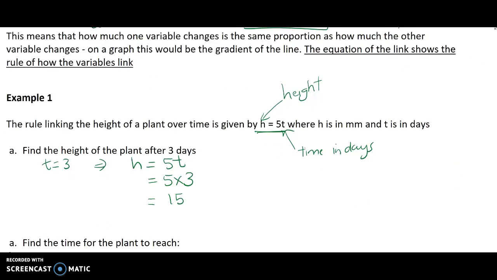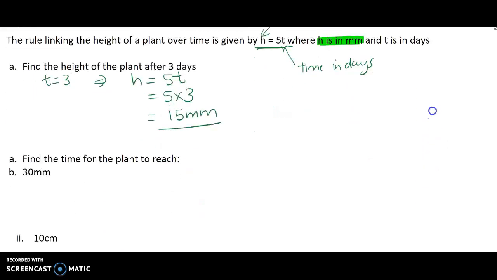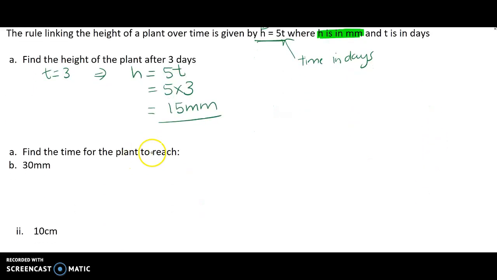Now we need to remember, it does say height is in millimeters, so we need to write down the unit as millimeters. That's after 3 days. The next one: find the time for the plant to reach 30 millimeters. So now we know that the height is equal to 30 millimeters. What is the time? Use the same equation, same relationship. Height is equal to 5t.